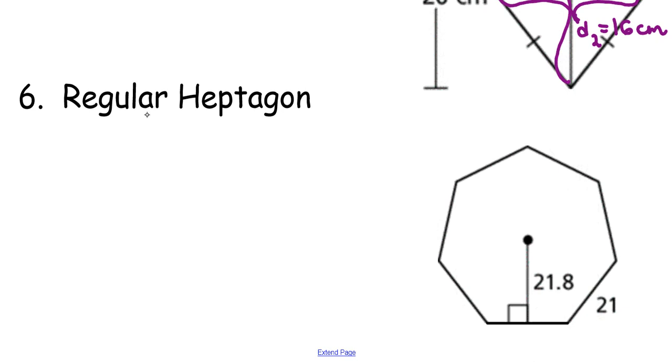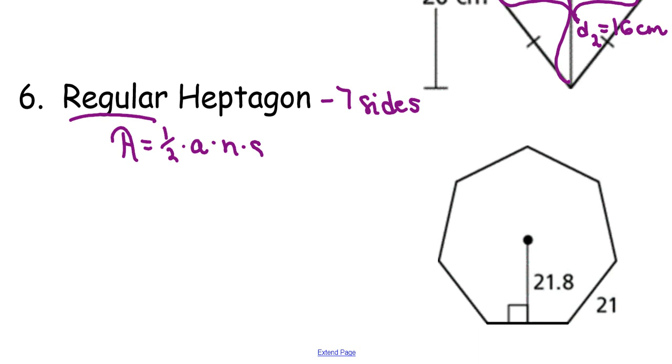Okay, regular heptagon. Heptagon has 7 sides. The area formula for any regular polygon is this. Area is equal to 1/2 times our apothem times the number of sides times the side length. And this is a super duper nice problem in that direction because this heptagon has all the necessary information provided on the diagram.